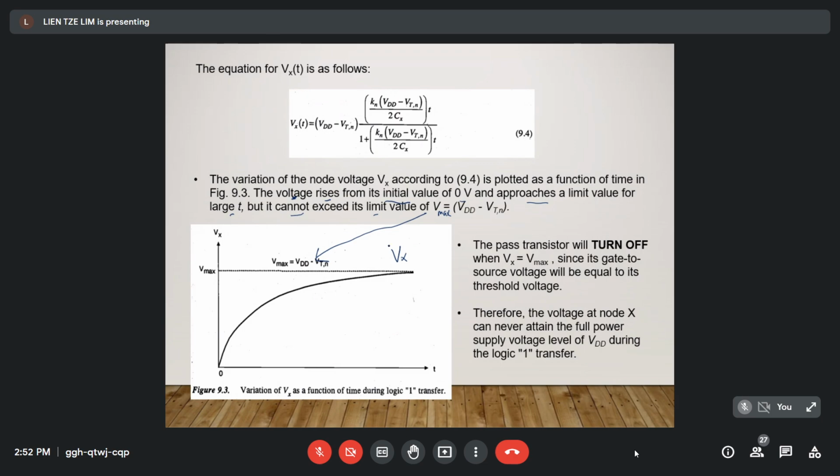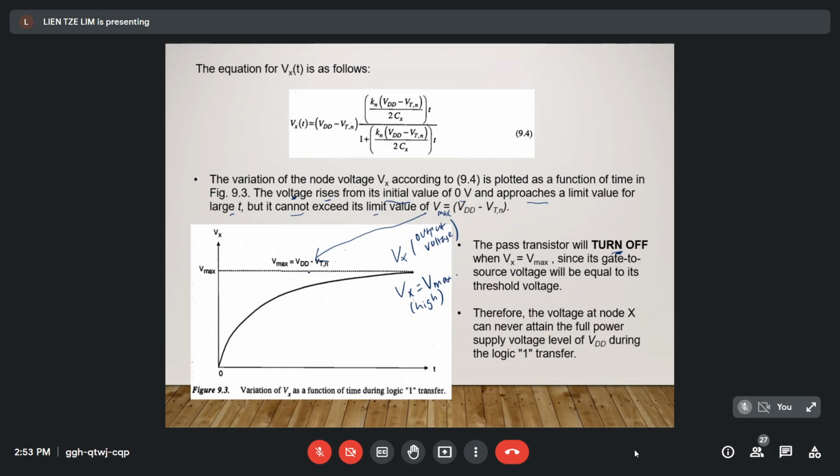You see that Vx is the output voltage. Supposedly the output voltage should be equal to Vmax to indicate that it is high, but it cannot be equal to or exceed Vmax. If this Vx is equal, the transistor will turn off, and the Vx is actually not equal to VDD.